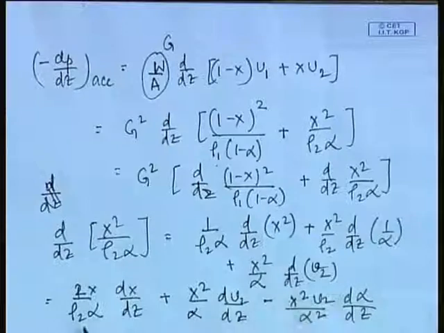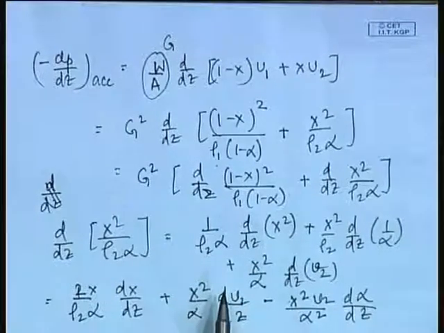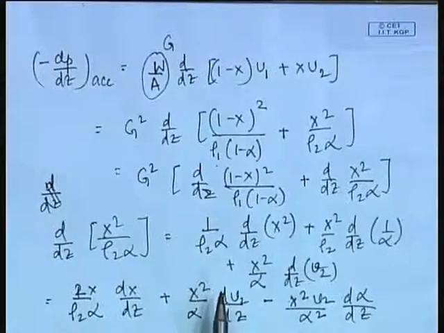Just see whether all of these terms are correct or not. Okay. First term on differentiating gives you 2x dx dz with a 1 by rho 2 alpha. The second term naturally gives you minus 1 by alpha square d alpha dz, and there is an x square by rho 2 or x square v2 here. Okay, and this one definitely gives you x square by alpha dv2 dz or d dz of 1 by rho 2, in whatever way you want to write it.